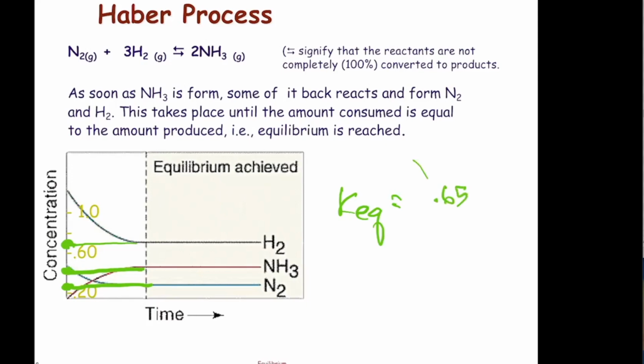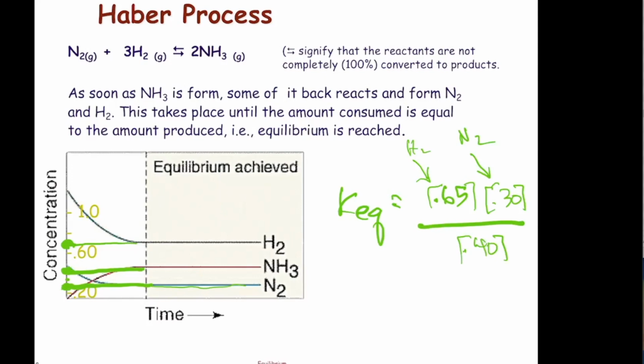The nitrogen looks like it's going to be about maybe 0.30. Again, I'm just reading this on this scale. The ammonia is going to be somewhere about maybe 0.4. That's how you would calculate the equilibrium constant.